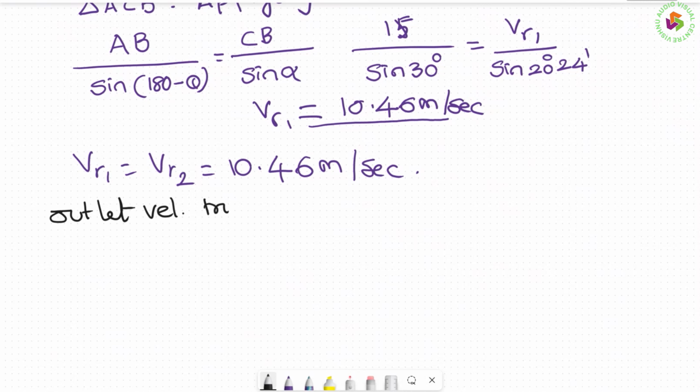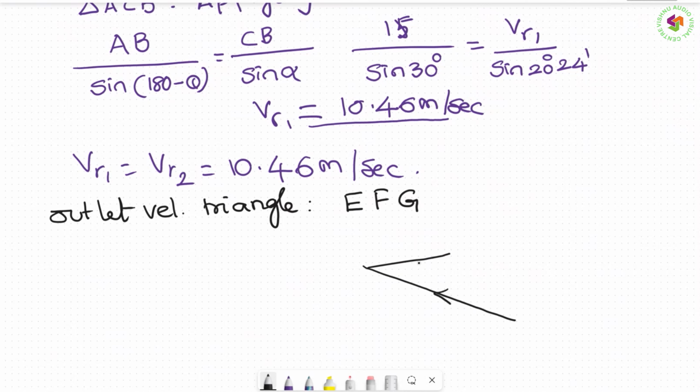Velocity triangle. What is the outlet velocity triangle? It is EFG. If I draw that, actually for your understanding sake, this is V2, this is VR2, this is U2.